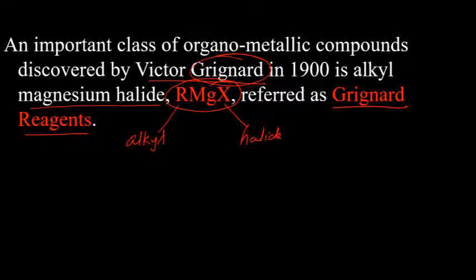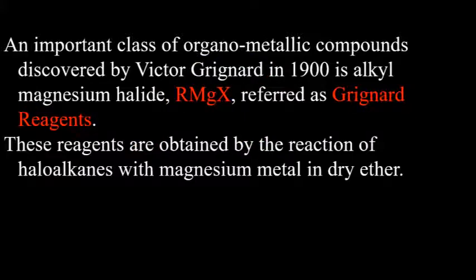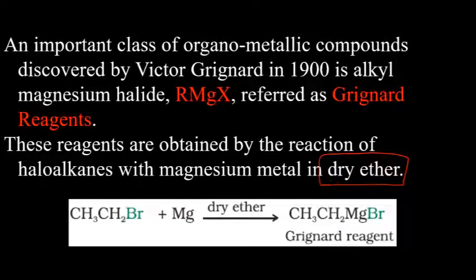R can be any alkyl group, X can be any halide out of chlorine, bromine, and iodine. These reagents are obtained by reaction of haloalkanes with magnesium metal in dry ether. Reaction of haloalkanes with magnesium in dry ether will give you Grignard reagent.